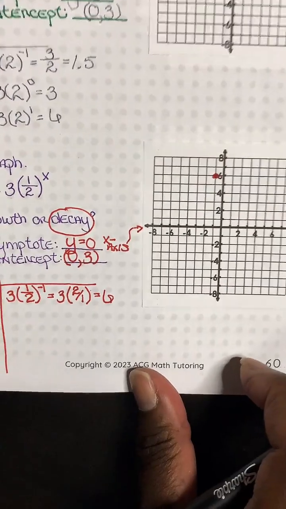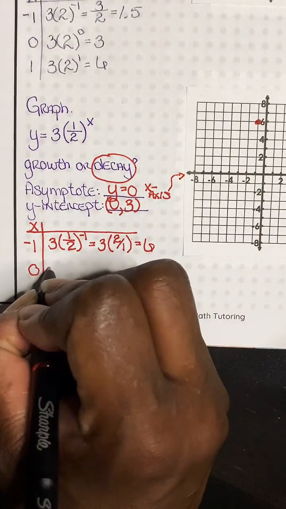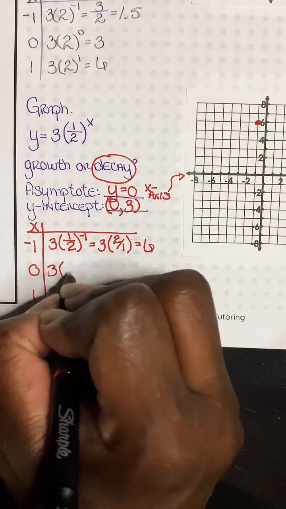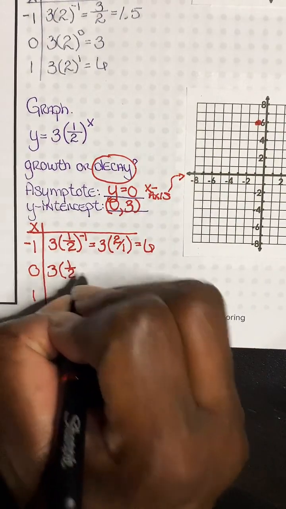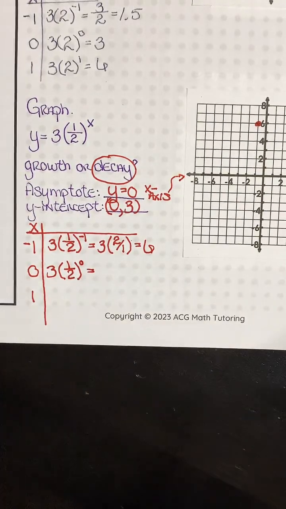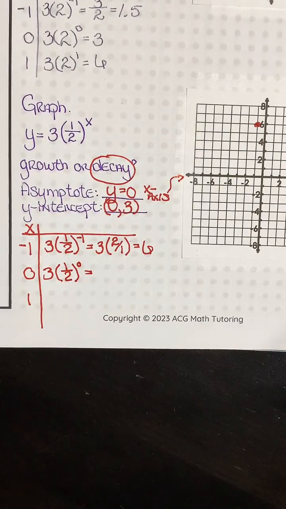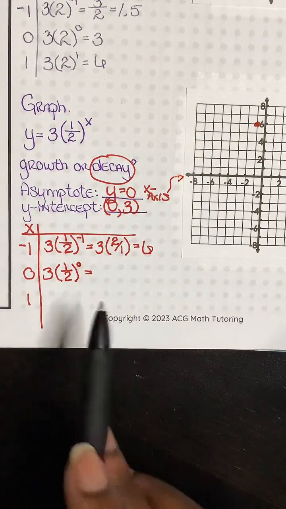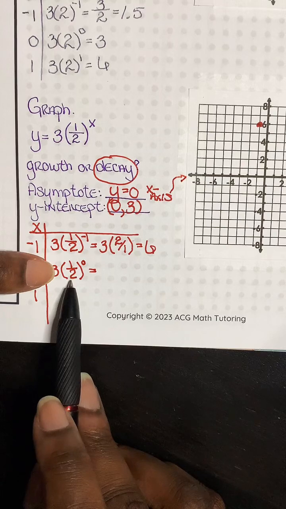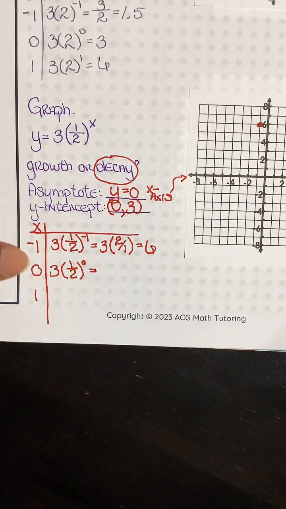So now we're going to do the same thing for the 0. So 3 times 1/2 raised to the 0 power. Okay. Now we just got to remember, what's being raised to the 0 power is that 1/2.